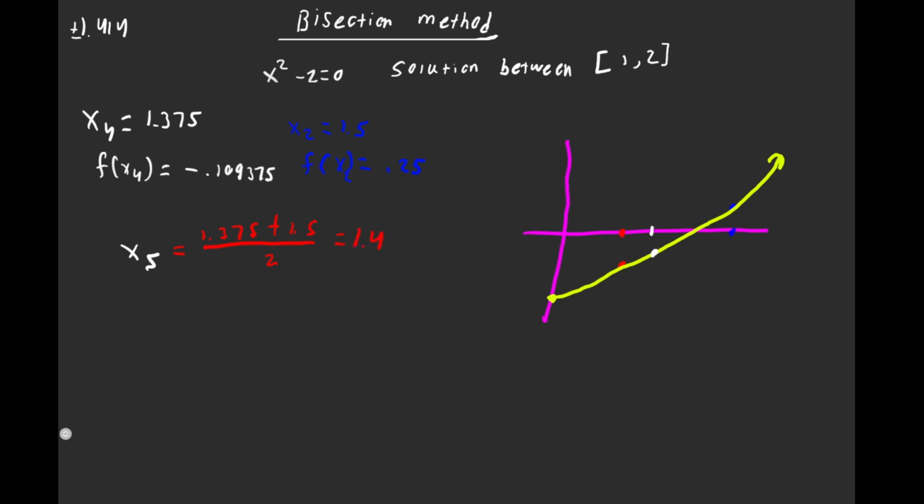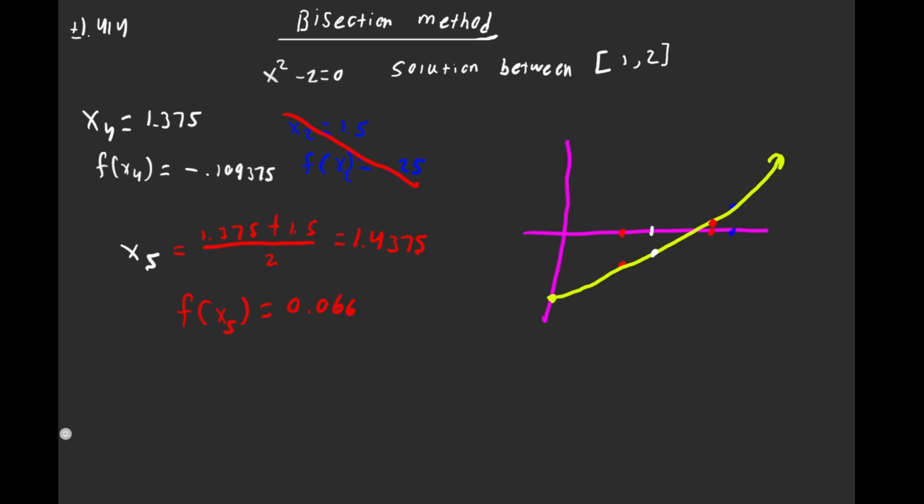That will give us 1.4375. Now we have to find the y value of that, which is equal to 0.066. So now we see that when x is equal to 1.4375, which is around this area, y is equal to 0.06. So that means that we have to get rid of 1.5 as our test point.